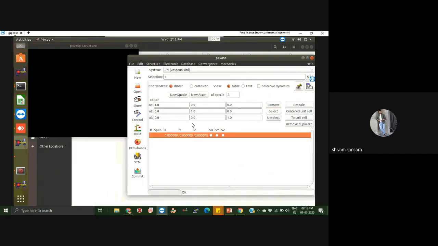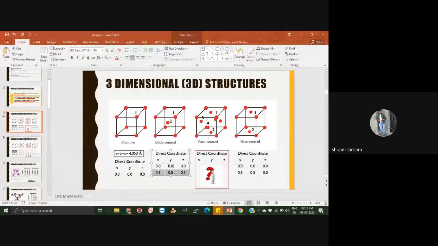I have removed all the atoms, and I pressed new atom and named it C. If we press new atom again, it is again C, automatically taken as C. If we want another atom besides C, like P, we have to press new species. When we press new species, another atom comes. So this is the body centered cubic. The first atom is at the corner of the system, and the second one is at 0.5 0.5 0.5. This is the body centered cubic.